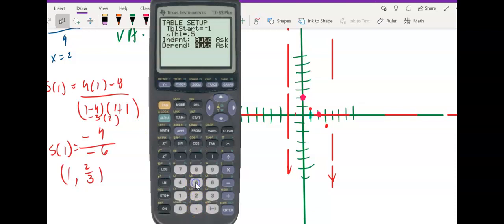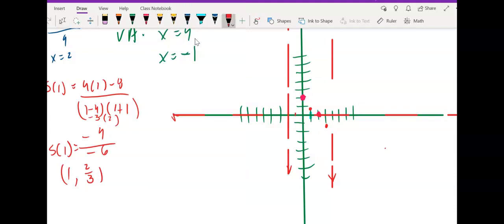I want to see what that negative 0.5 x is. So once I've changed that, I go back to second table, and sure enough, negative 1/2 is about 4.44444, so it's 4 4/9. So negative 1/2 goes to 1, 2, 3, 4, about right here. So I have a really good idea of what this function is doing in between my asymptotes. And it's doing something like this.